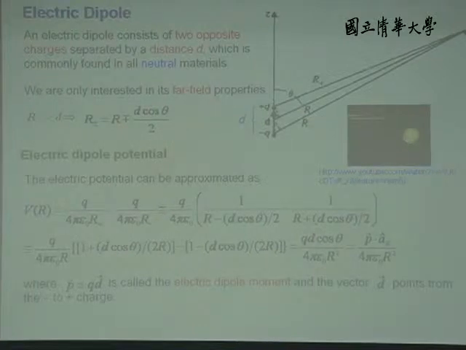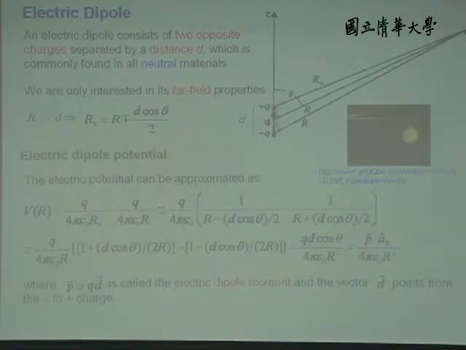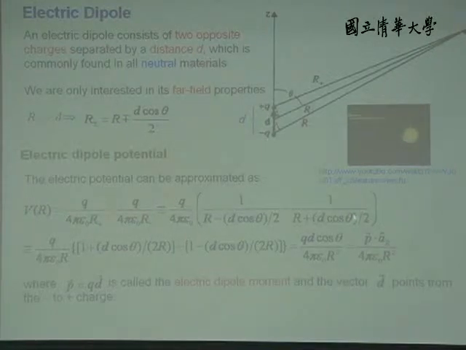For a single charge in space, the distance dependence is going to be 1 over r, not quite 1 over r squared. This 1 over r squared is because the two charges with opposite sign compensate each other to some extent. Therefore, you have r squared dependence here.